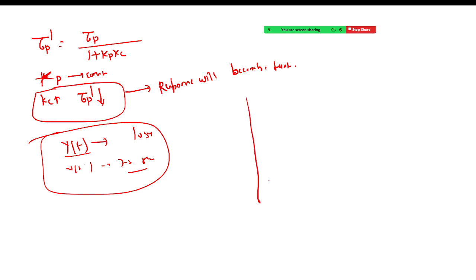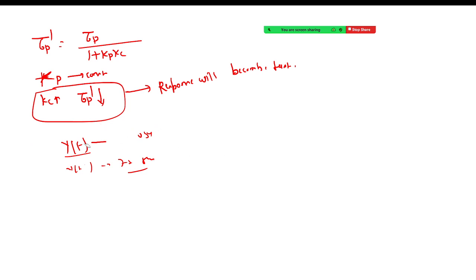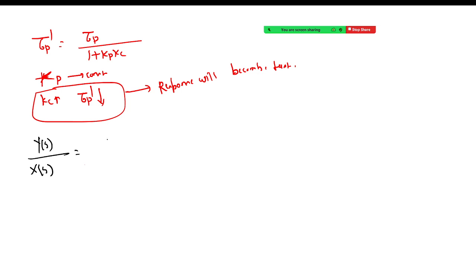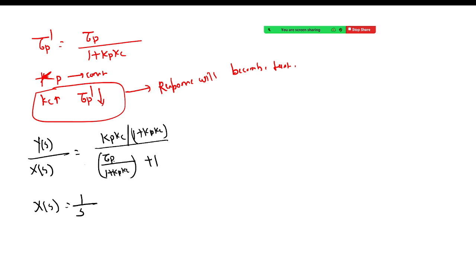So what happens over here? What we need to understand, since we have got Ys divided by Xs, that is equal to Kp Kc divided by tau p upon 1 plus Kp Kc, s plus 1, and divided by 1 plus Kp Kc. Is it clear? So let's say I am giving a unit step input 1 upon s, right?